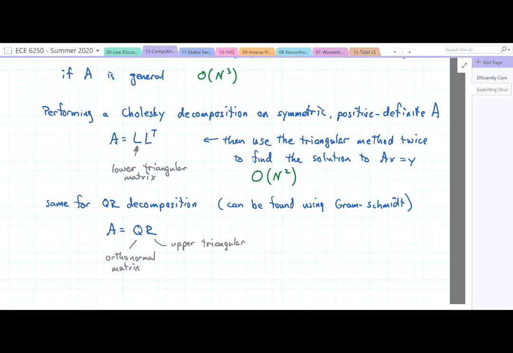Well, how do we do that? We do that by row operations. And so essentially we're saying that our orthonormal basis is equal to A R inverse.